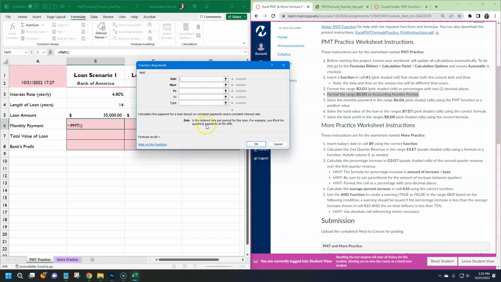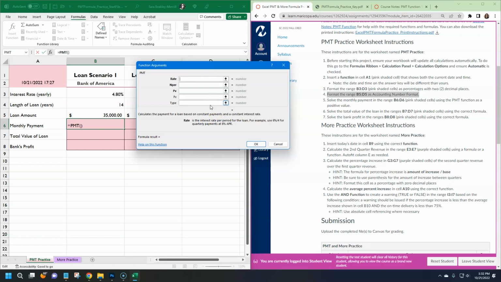So you want to read this, right? So in this case, it needs an interest rate. It's the current interest rate for the period of the loan. NPER is the total number of payments, and PV is the present value of the loan. So when you solve for the PMT function, you always need 3 pieces of information.